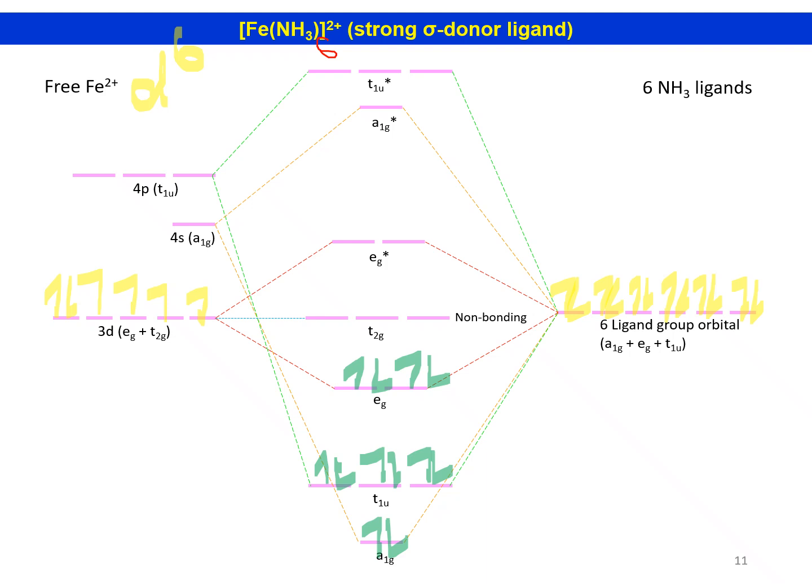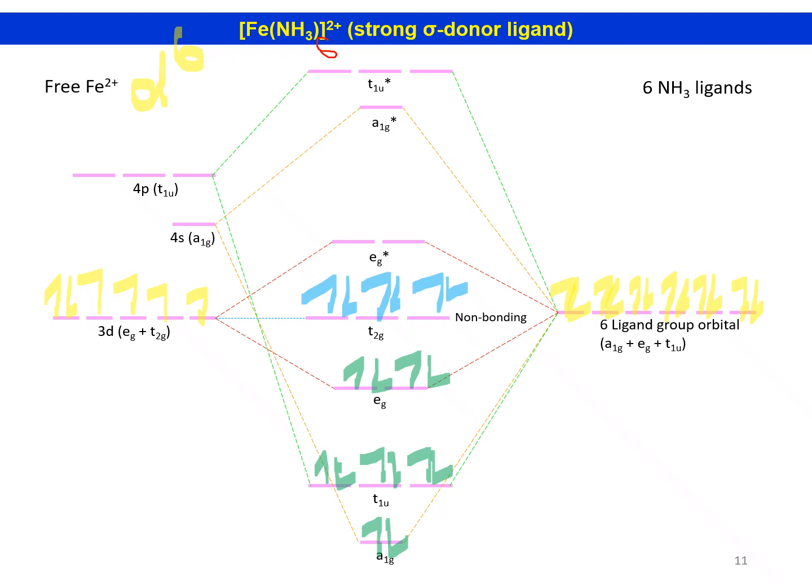Now, where do the electrons from 3D go? These electrons from 3D will be occupying the T2G and EG star. Now, because ammonia is a strong ligand, the electron will be occupying the T2G level first. So there will be no electron occupying the EG star. So this is how the molecular orbital diagram for such complex looks like.